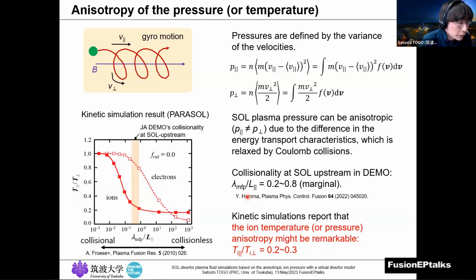Here, the collisionality at the SOL upstream in DEMO is estimated to be 0.2 to 0.8, which means marginal collisionality. And the range of this collisionality is hatched in this figure. You can see that the ion temperature anisotropy is remarkable and is 0.2 to 0.3, while that of electron is small.